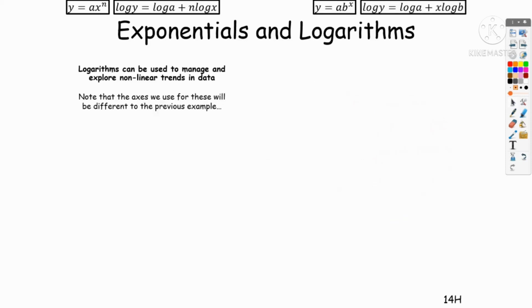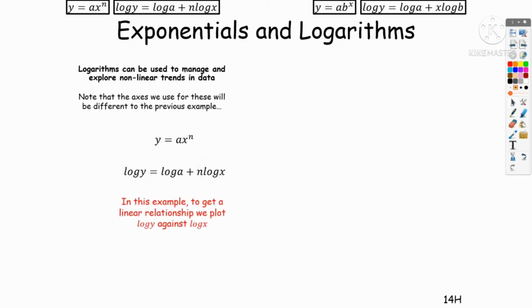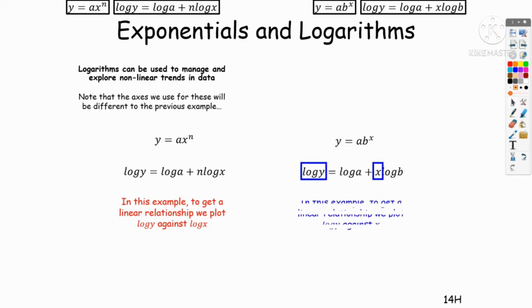Note that the axes we use for these will be different to the previous one that I've just used. So in the first example, to get a linear relationship, we plot log y against log x. In this second example though, to get a linear relationship, we plot log y against x.